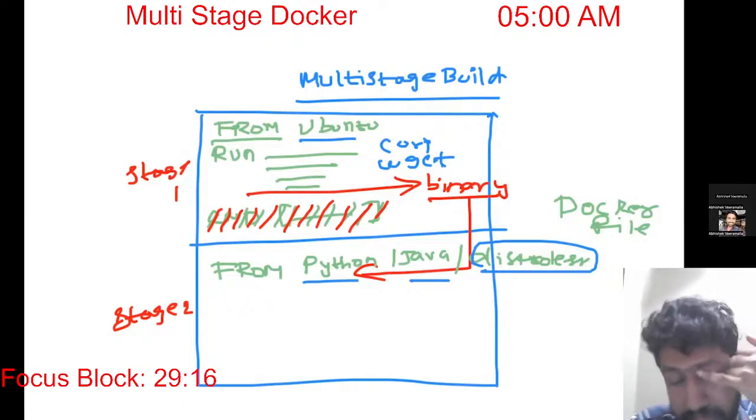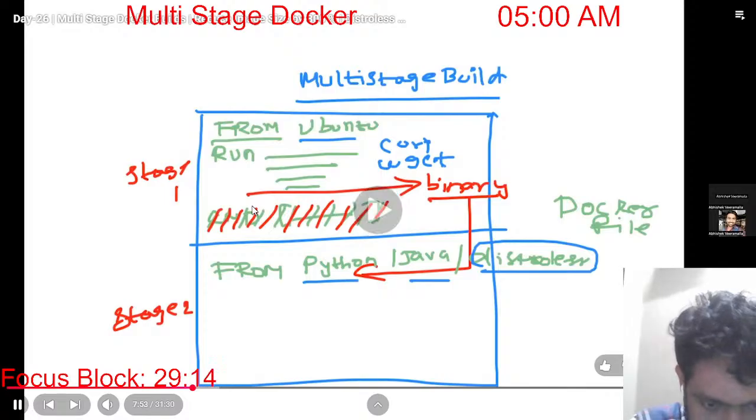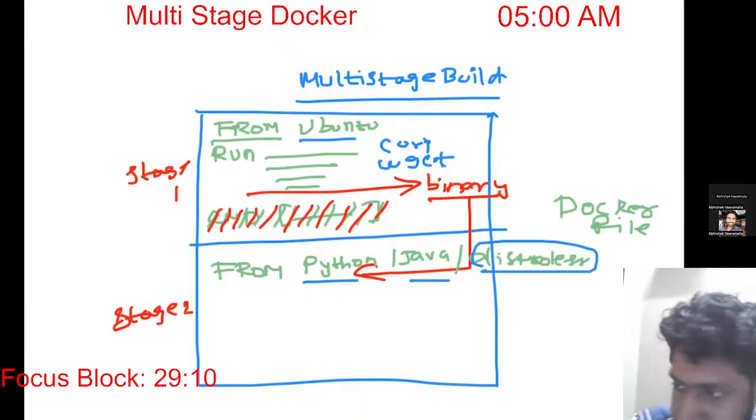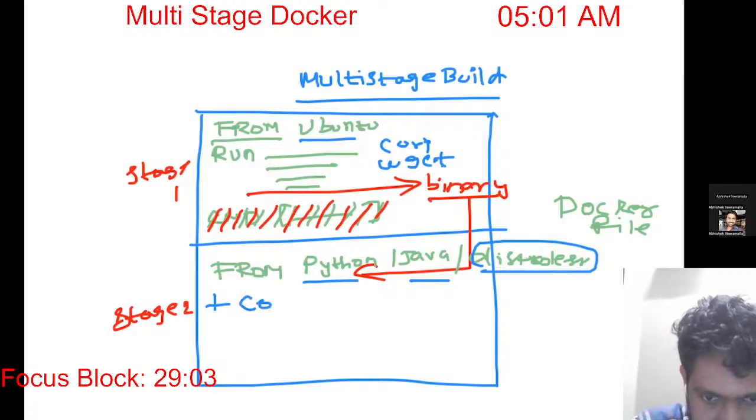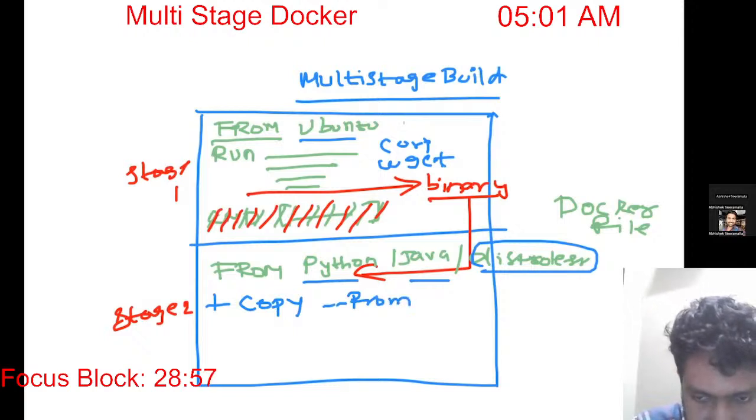So this specific stage 2 will only have the Python runtime environment, that is the Python runtime base image, plus you will copy the artifact binary from this step to here. What you will do is simply you will use the same COPY command, but you will say --from, and you will mention the name from the Ubuntu stage, as build, for example.